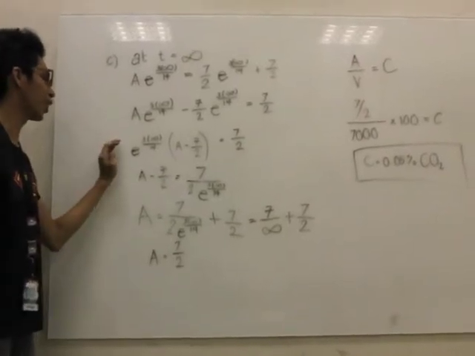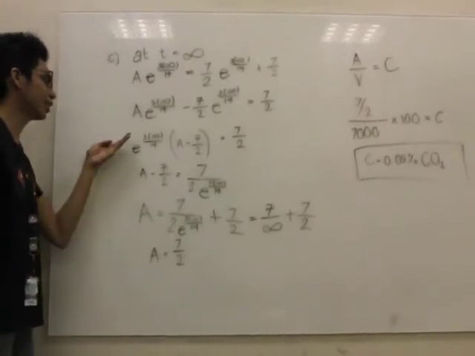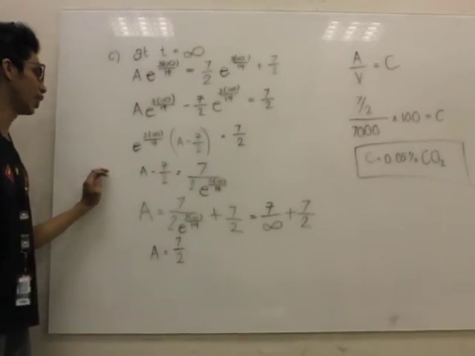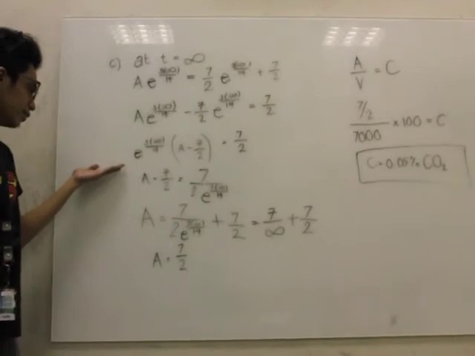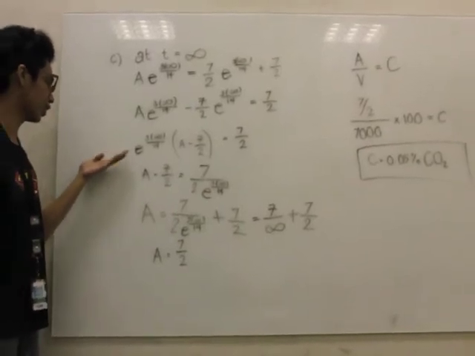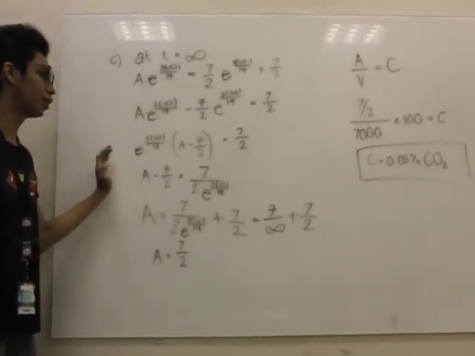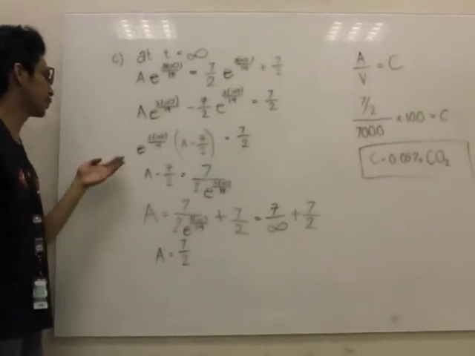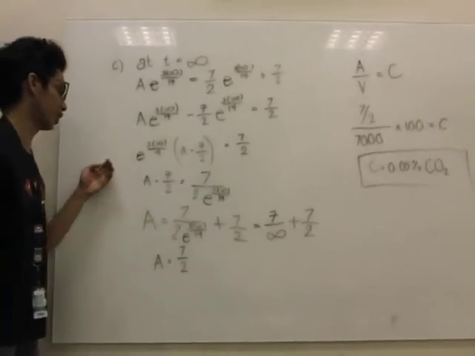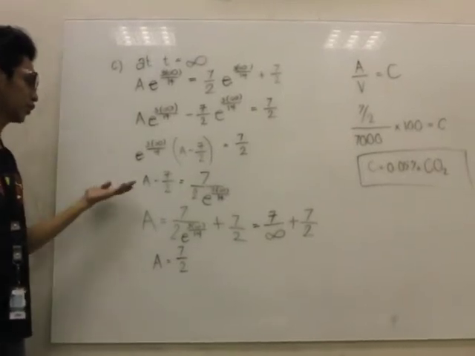Then, we will factor out e raised to 3 times infinity over 14, and then we would divide both sides by e raised to 3 infinity over 14. And here's the equation we will get.